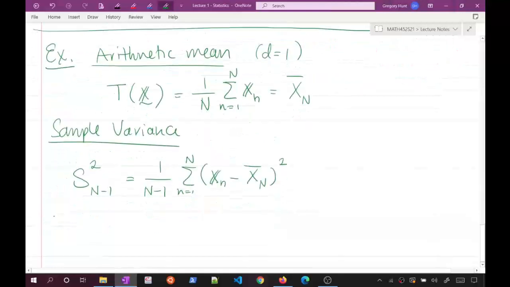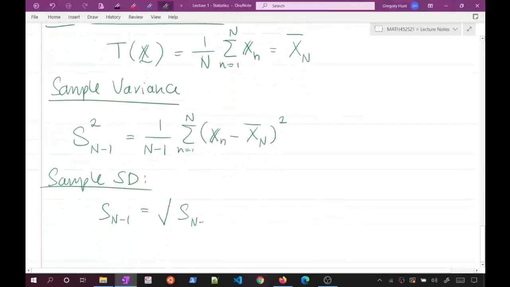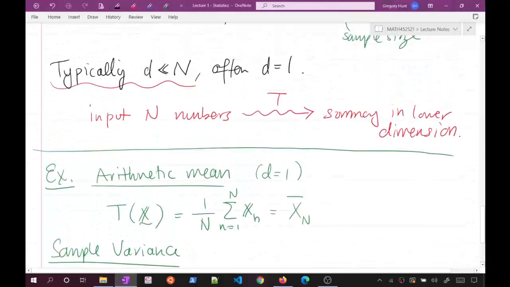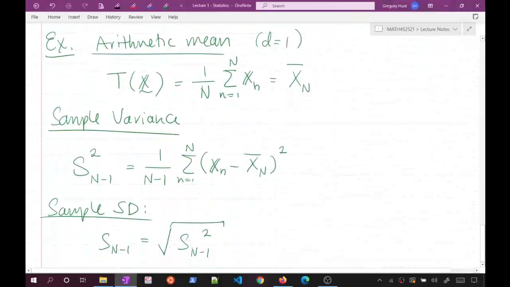You could also define, say, the sample standard deviation, which we could call S n minus 1, is the square root of my sample variance. There are lots of statistics that you can come up with, but they're all just functions of my data, of my random sample.